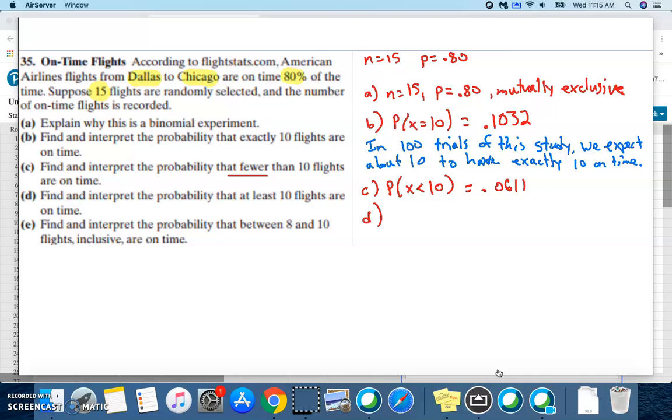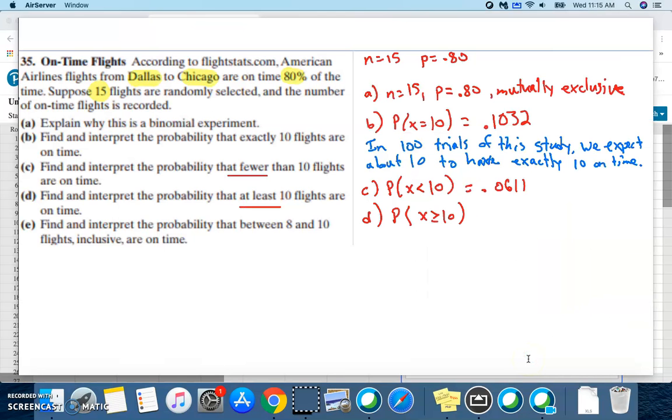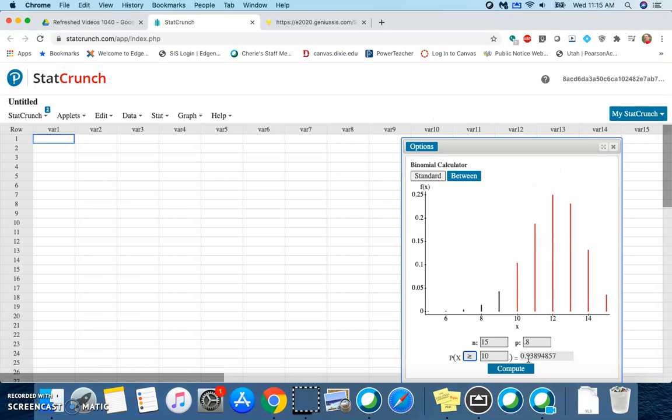Okay, D, probability of at least 10. So again, at least, you have to interpret that. If you're at least 10, then that's going to be 10, 11, 12. So this is the probability that x is greater than or equal to 10. So I'm going to come over here and change this to greater than or equal to 10. And we get 0.9389.